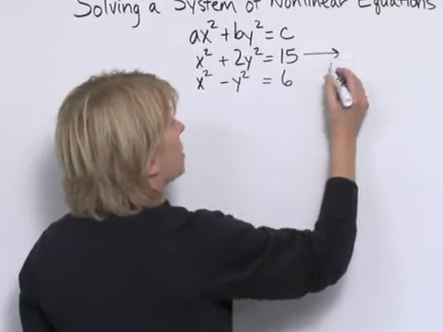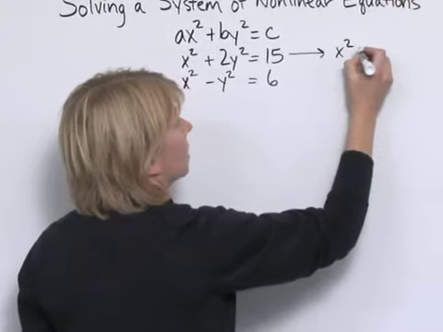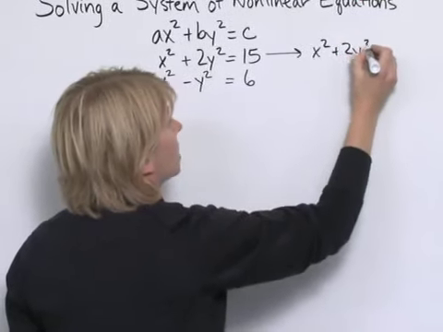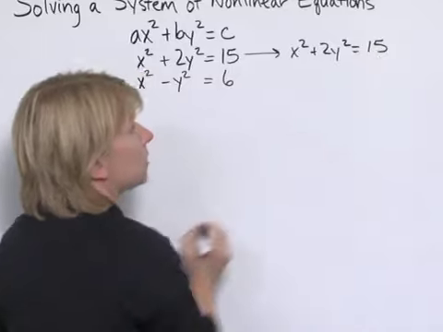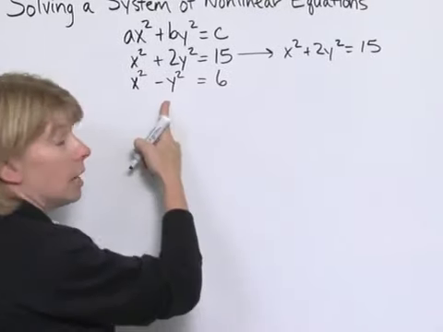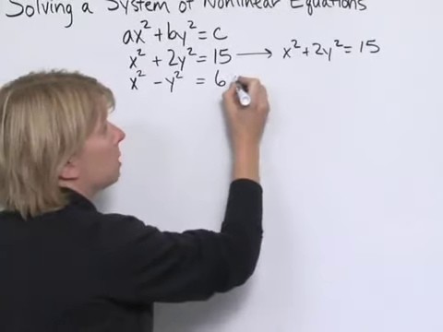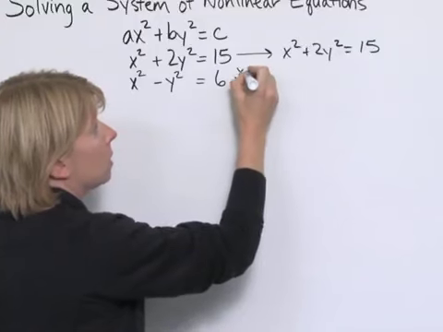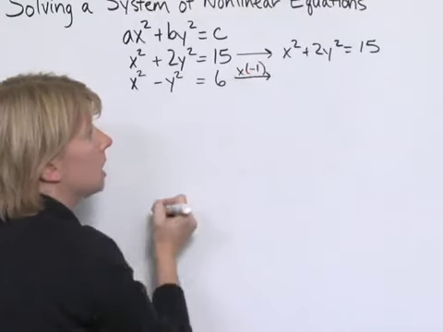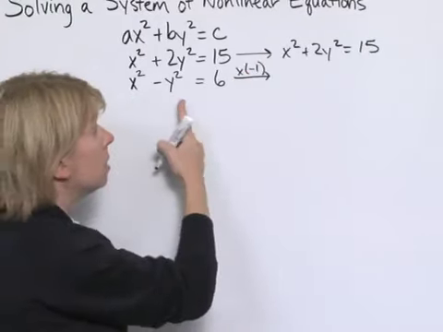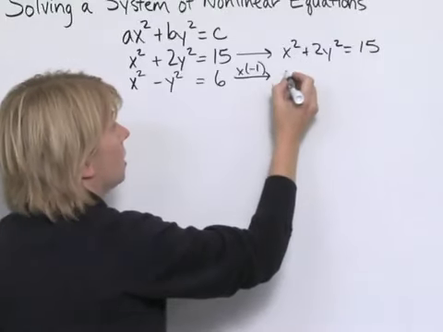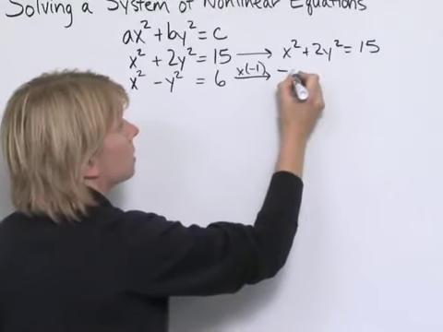I'm just going to rewrite this first equation, x squared plus 2y squared equals 15. And the second equation, I'm going to multiply by -1, giving us -x squared plus y squared equals -6.